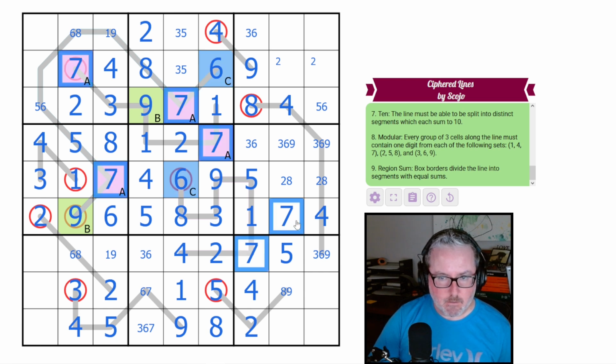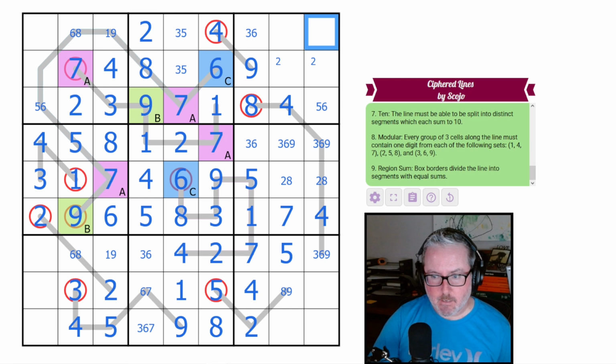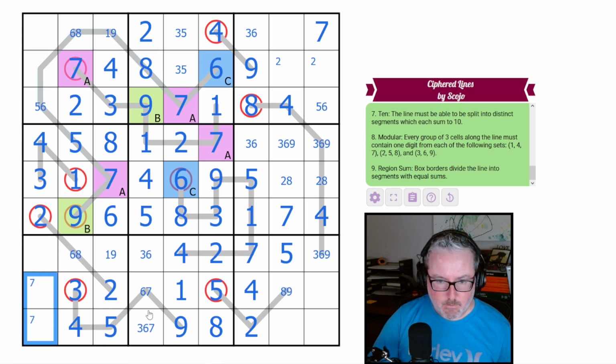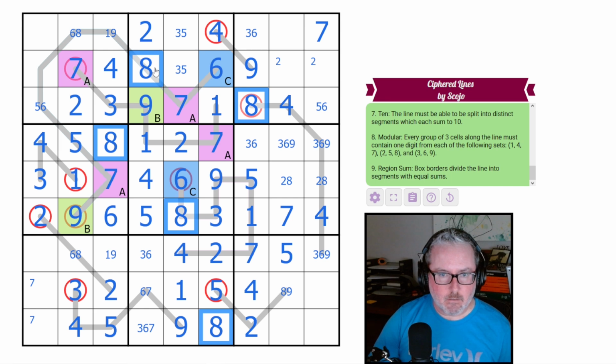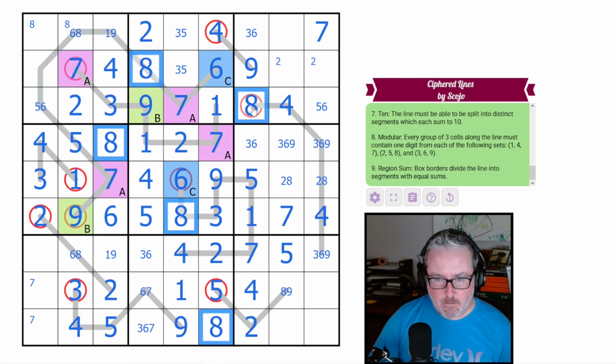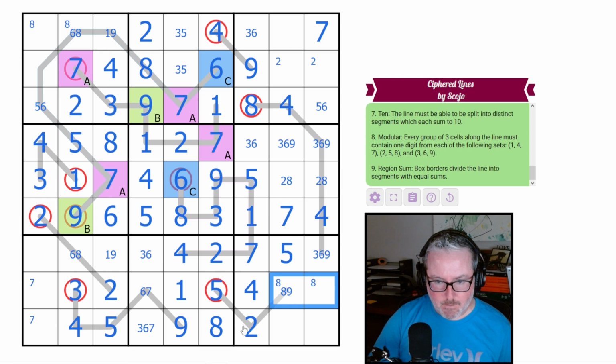No. 7s? Yes, this is a 7. Anything else? One of these is a 7. So we just have an X-Wing left on 7s. Let's look at 8s. One of these two is an 8. Not exactly what we wanted. One of these two is an 8.